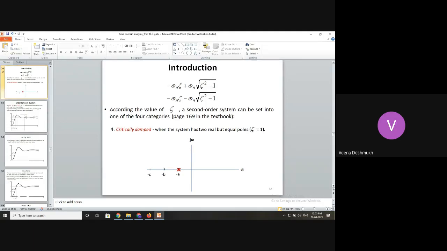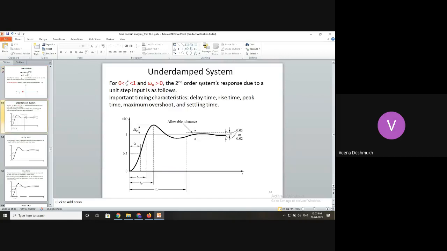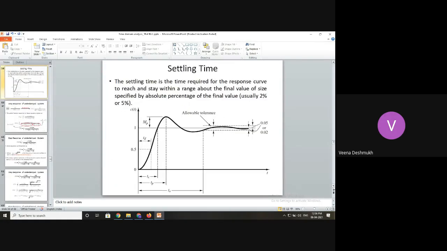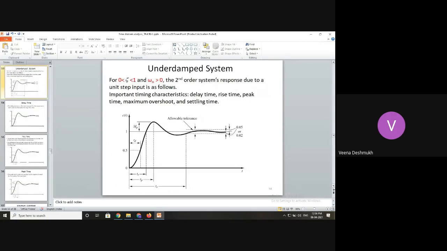Let me take you to the second slide. So here you can check. When we give a step input, initially, that is the transient phase, you come across these parameters.